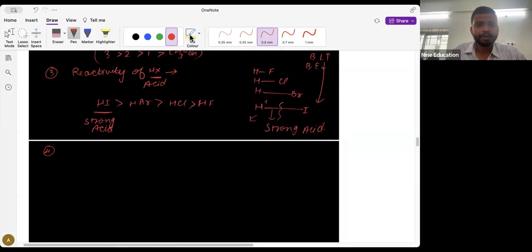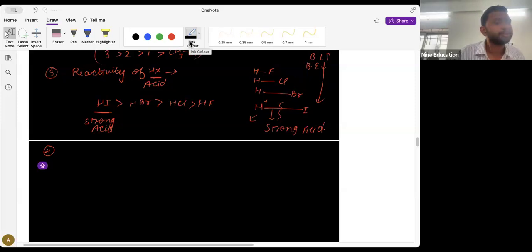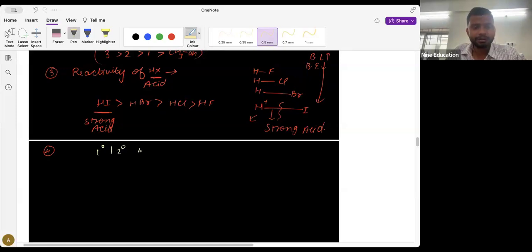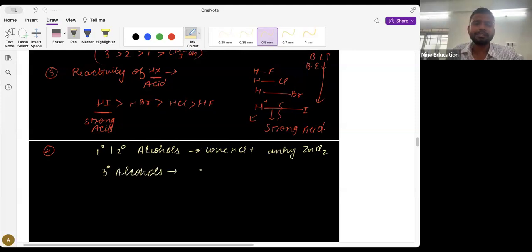Fourth point we will write, beta. If I have 1-degree or 2-degree alcohols, always remember we have to use concentrated HCl plus anhydrous ZnCl2. But if I have 3-degree alcohols, you don't need concentrated HCl; you can do the reaction in simple HCl.